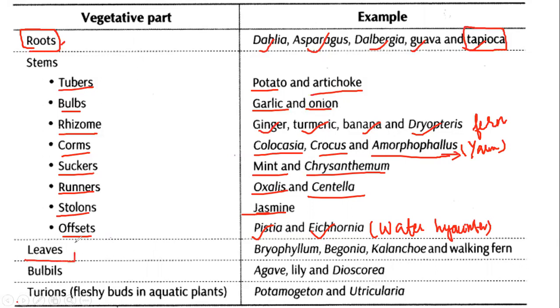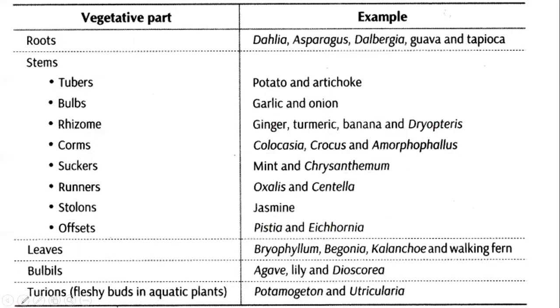Through adventitious buds of a leaf, you have Bryophyllum, Kalanchoe, Begonia, walking fern. Next you have bulbil: agave, lily. Then fleshy parts in aquatic plants, Potamogeton and Utricularia. So let's move with the next one.